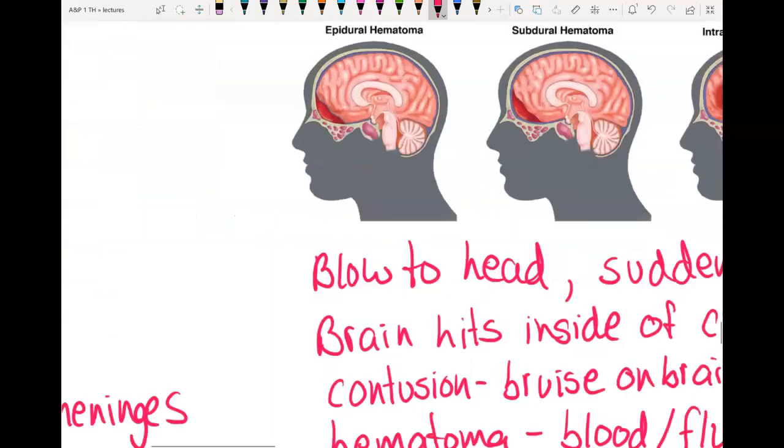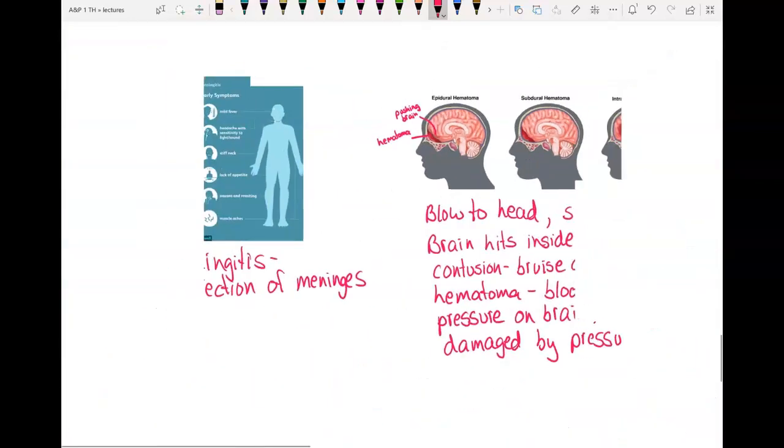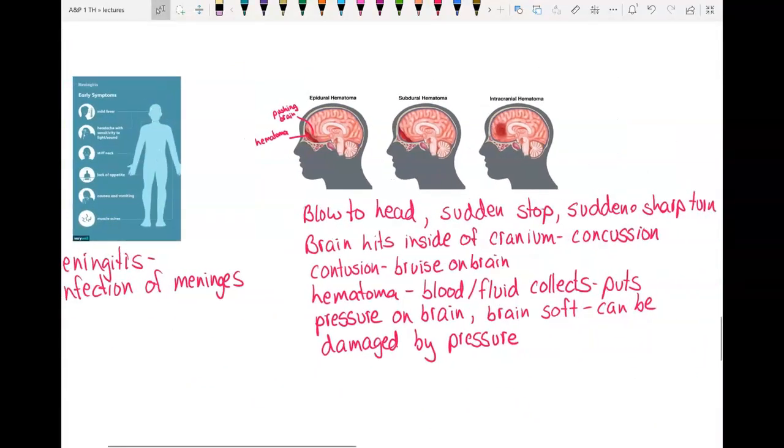You can see in these pictures where here's the hematoma, and you can see it's actually pushing the brain. The brain's kind of caving in where that hematoma is. So those can be very dangerous, and they definitely need medical treatment.